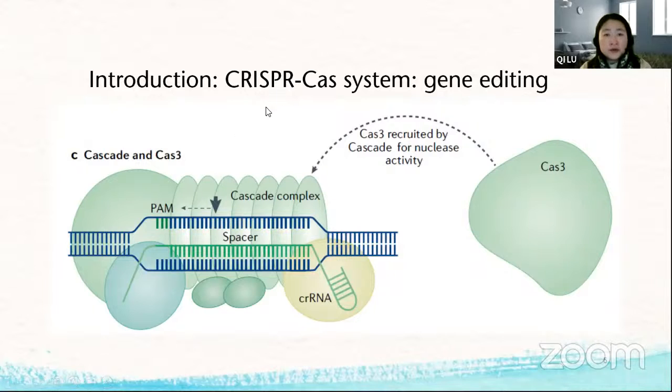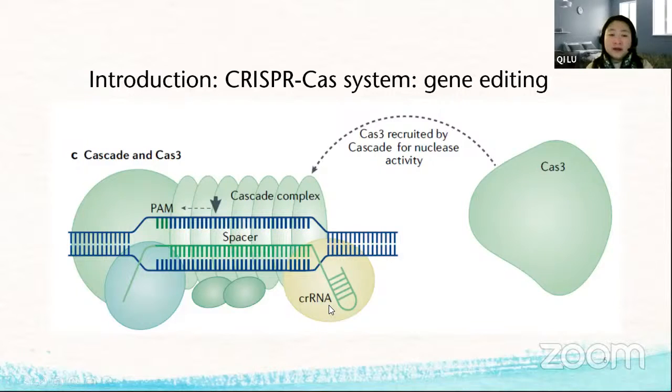So the original CRISPR-Cas system is for gene editing. This system comes from prokaryotic biology. It includes several proteins that form a cascade complex and bind an RNA.